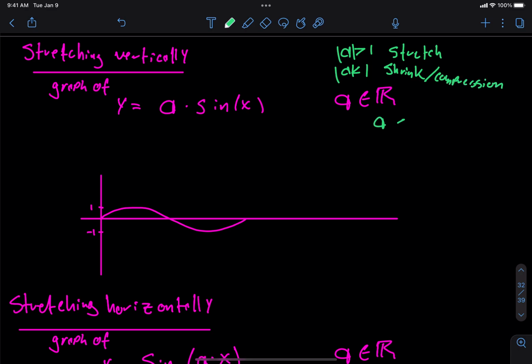And what are we going to do if a is negative? Yeah, flip. That corresponds to a vertical reflection, i.e., about which axis? The y-axis is this one, so if we do a reflection about this, we're going to be going like this.